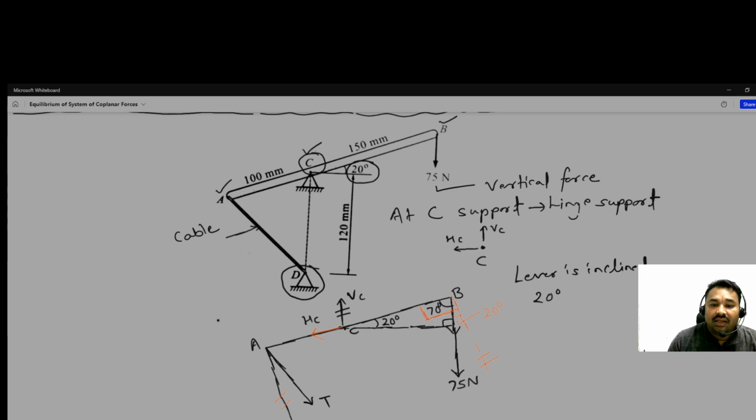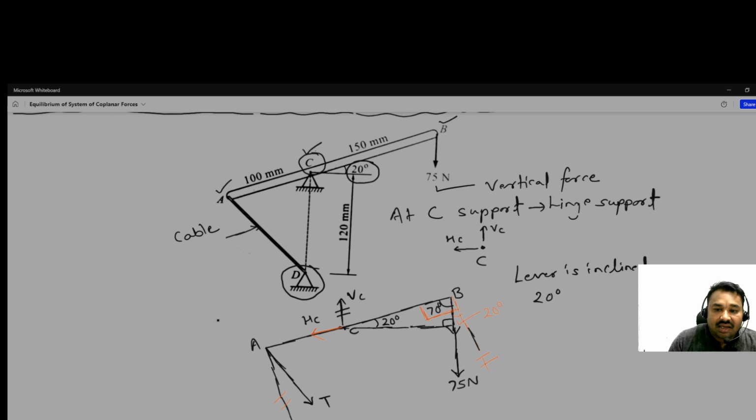Okay, but if we see how this lever is inclined, it is 20 degree inclined, and suppose we extend the line from A so that we can get the inclination of this T. T is here inclined, and 75 Newton is also inclined with this line.